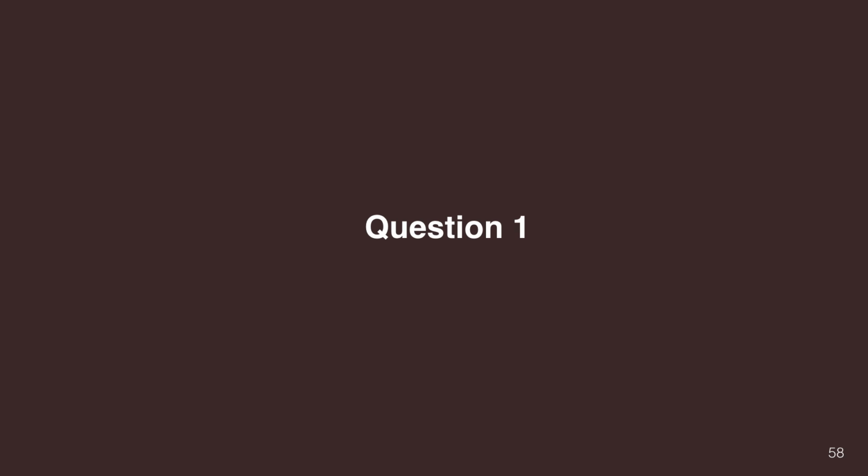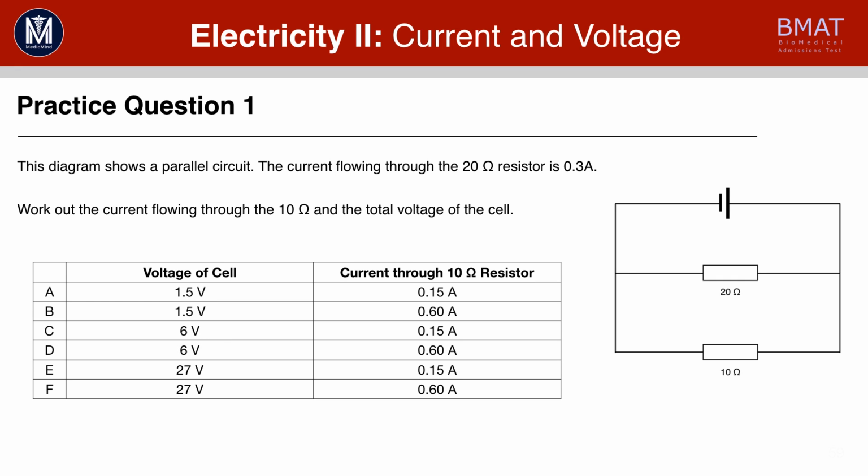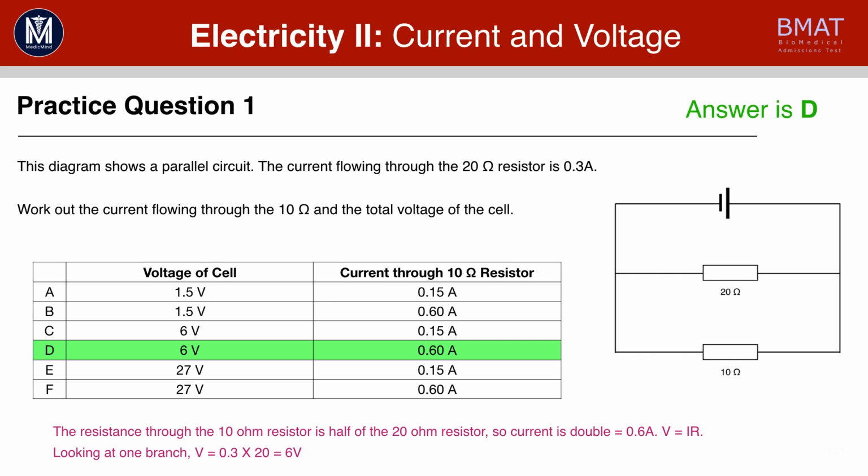We will now move on to a few questions to finish the tutorial. Pause the video and have a go at this question. The answer here is D. First of all, let's work out the voltage of the circuit.